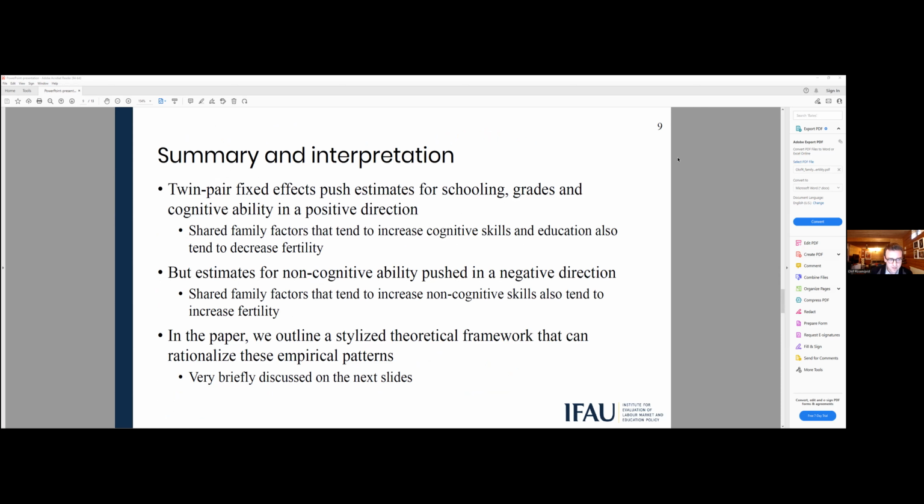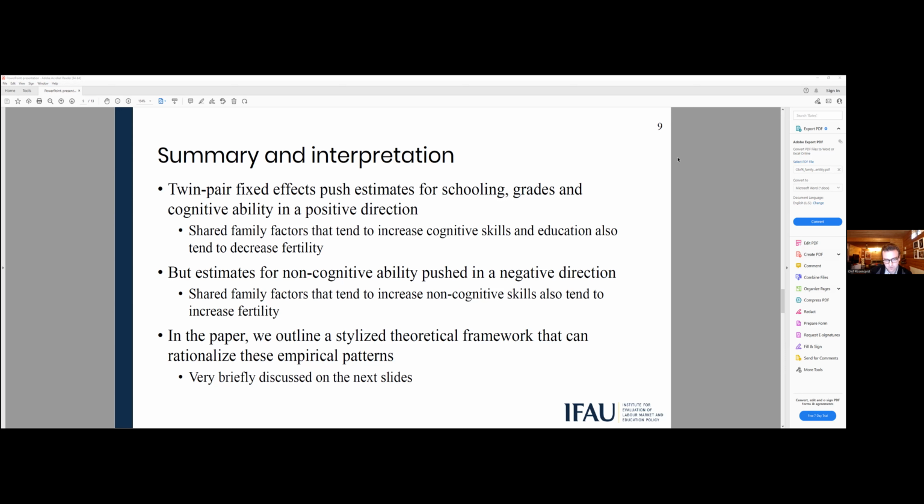So it means that these shared family factors that tend to increase cognitive skills and education, at the same time, they tend to decrease fertility. But estimates for non-cognitive ability were pushed in a negative direction by the inclusion of the family fixed effects. So it means that shared family factors that tend to increase non-cognitive skills also tend to increase fertility.